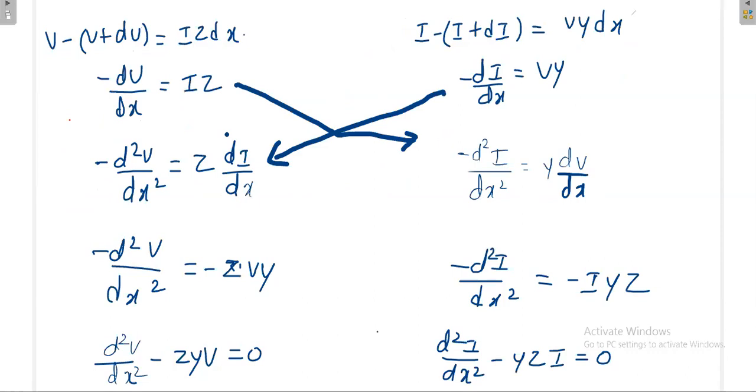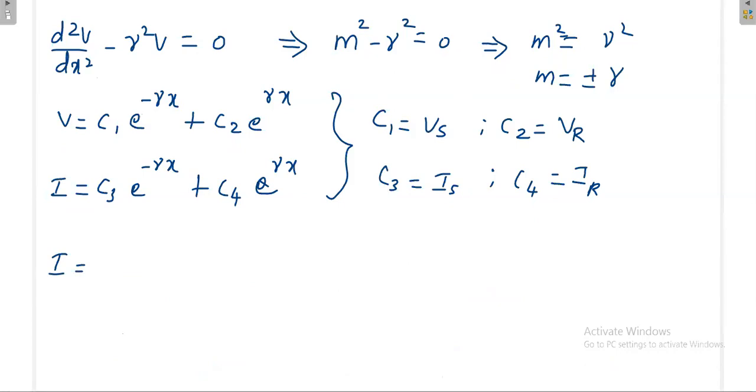I plug in I from V: I is equal to minus 1 by Z dV by dx.